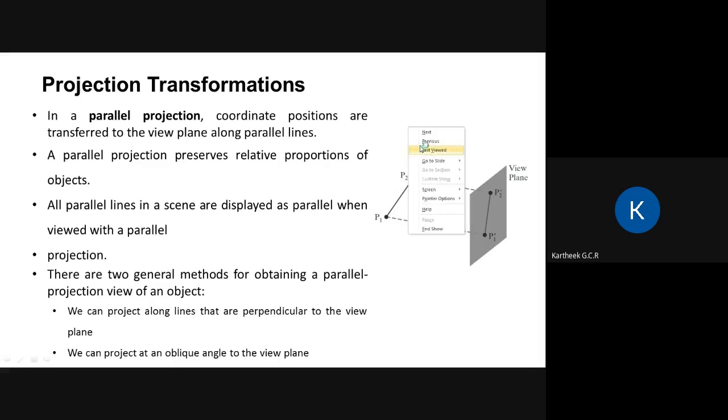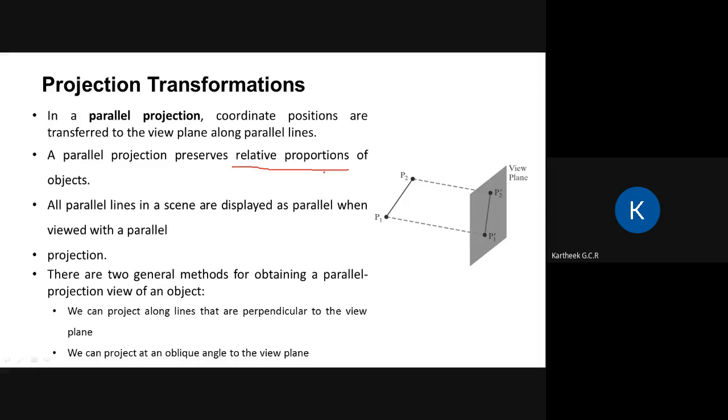Now, the major property of parallel projection is that if you take any parallel lines in the object, in the scene, you would see them as parallel lines on your screen or in the plane, right?